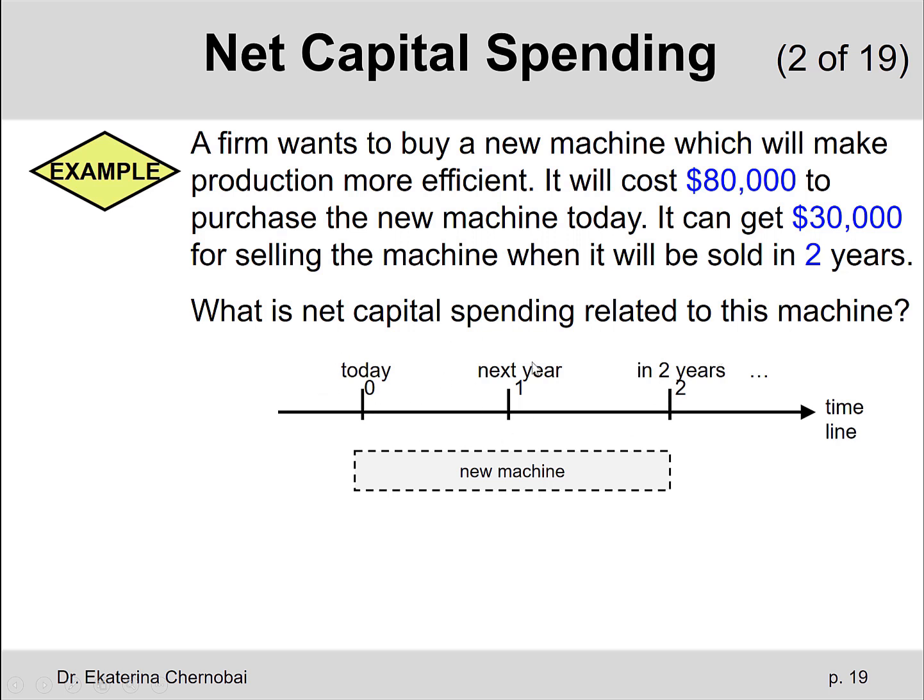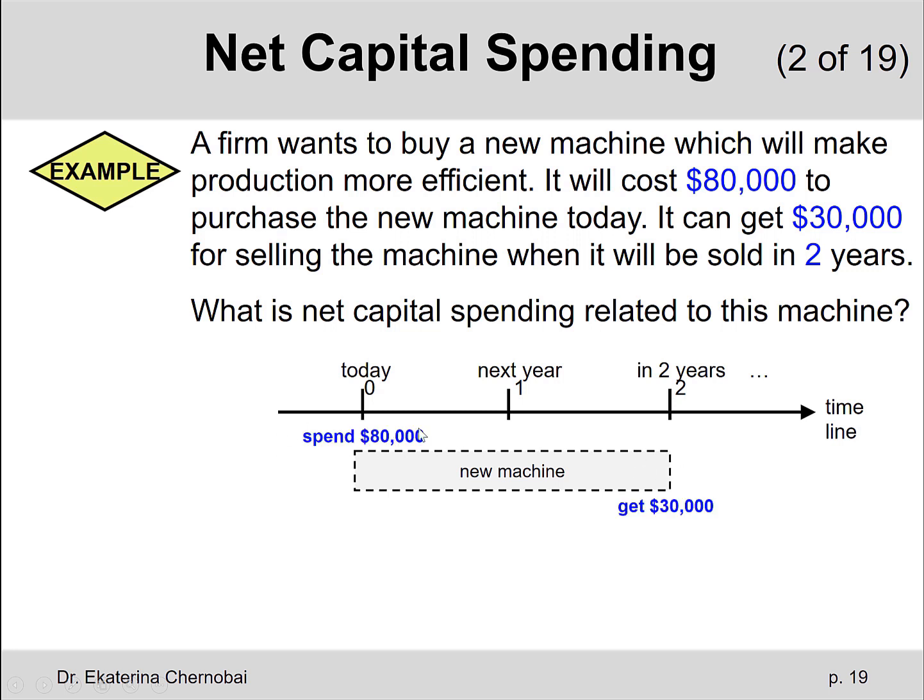Okay, so it's a short timeline with year zero, which is today, year one, and year two on it. And we are going to start using the machine today, and we would stop using it after exactly 2 years.